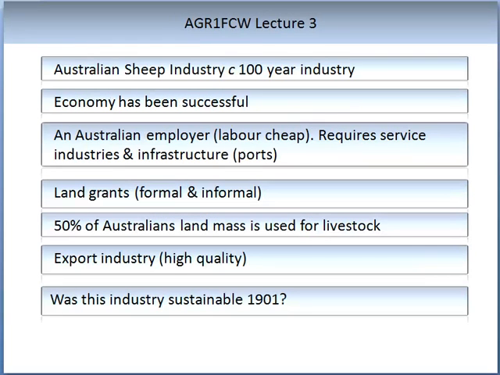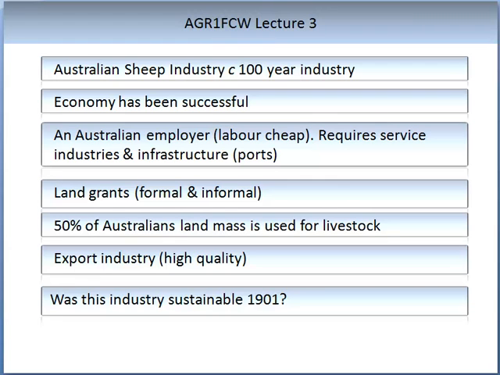We will start with the Australian sheep industry and use this as an example to highlight how an industry can be sustainable or not. Agriculture, especially wool, was established in Australia as a thriving economy with a substantial workforce, service industries and large port requirements in big cities.